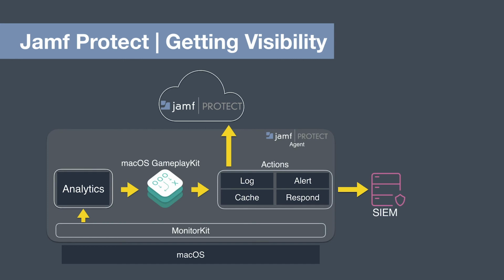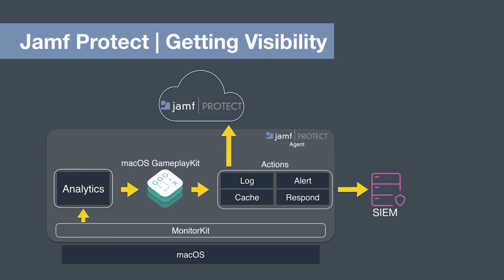How can we get that visibility, though? One of the unique ways that Jamf Protect does this is that once those frameworks have been utilized with native API calls, they are pushed through those analytics.